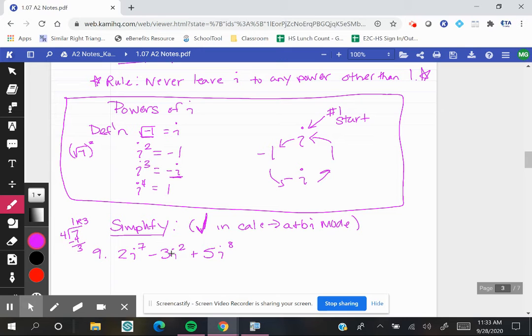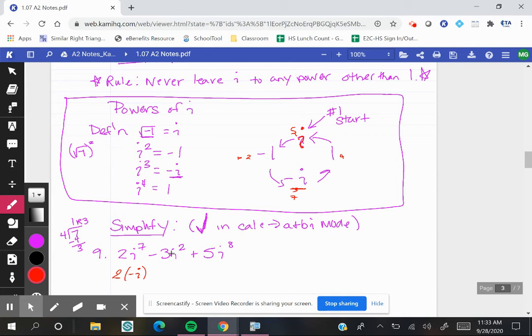Or a lot of students like to use the i circle. So if it's i to the 7th, you'd start here at this top one, i, and you'd count 1, 2, 3, 4, 5, 6, 7. And we landed on the -i when we were at 7. So i to the 7th is the same thing as -i.